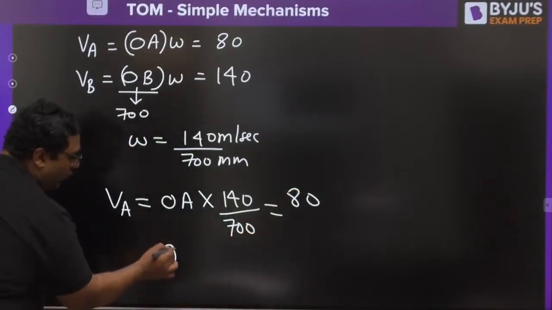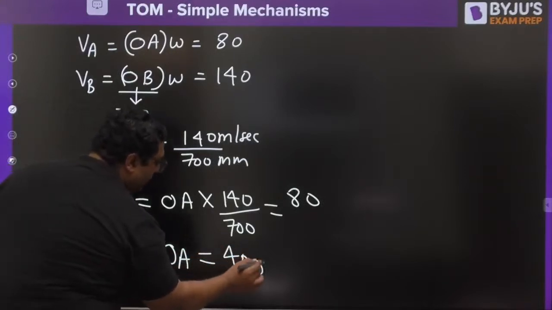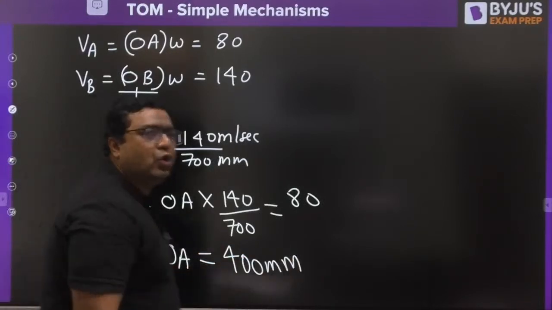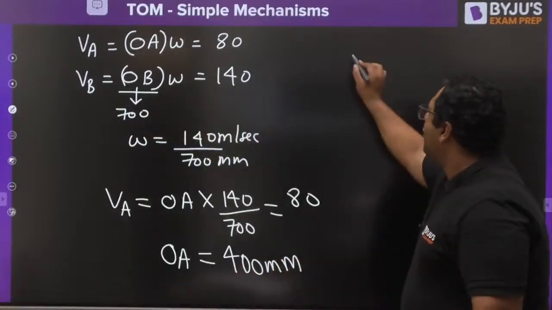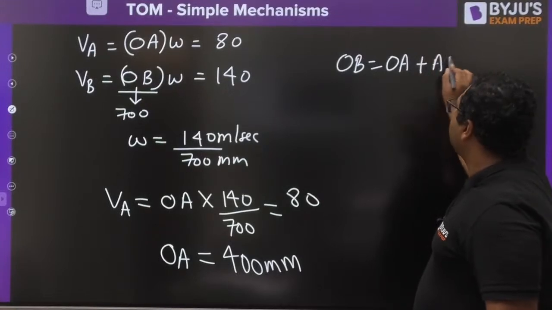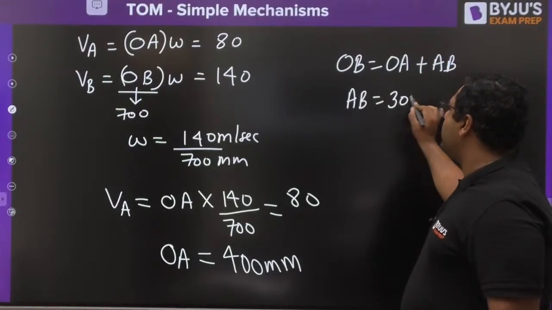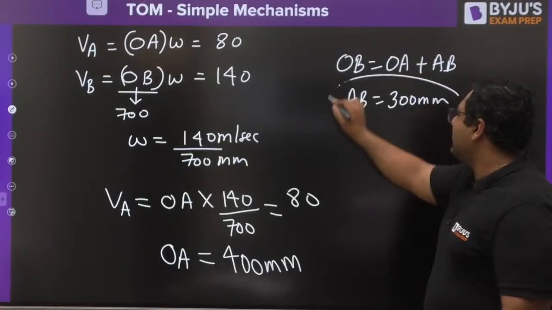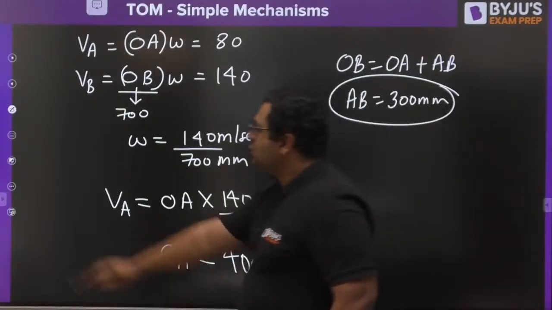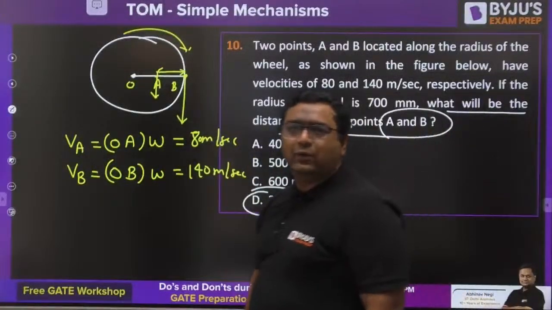You will be finding out from here OA will be coming out to be 400. So my dear, you know that you can write OB is OA plus AB. So AB will be coming out to be 300 mm. So this is how you can solve this question, guys. So the answer for this is D, 300. Very good, guys.